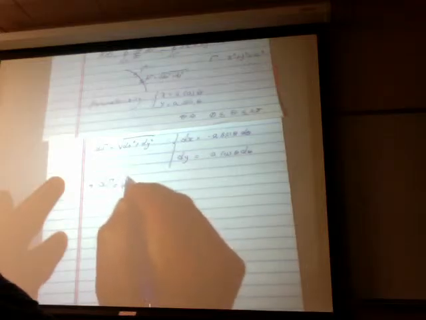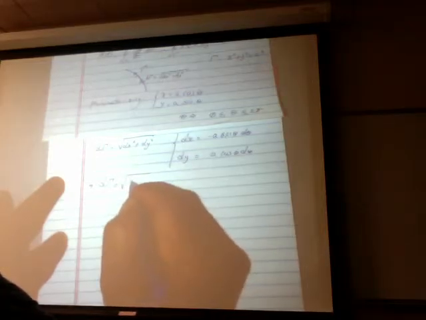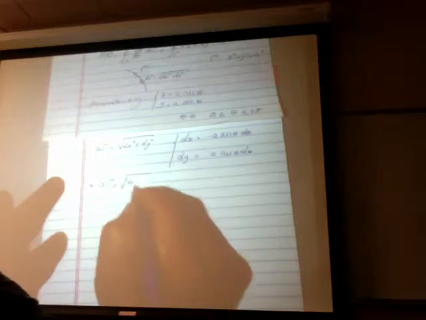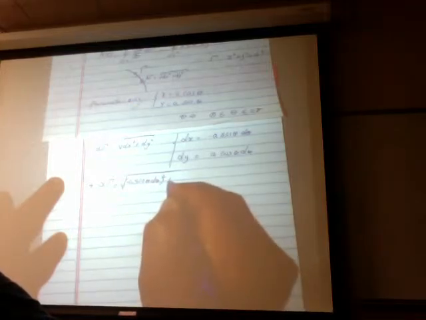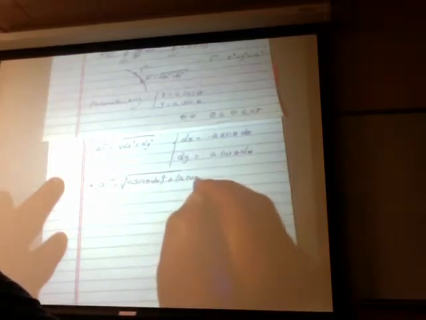I am getting that from here. Therefore, d gamma is equal to the square root of minus a sine theta d theta squared plus a cosine theta d theta squared.